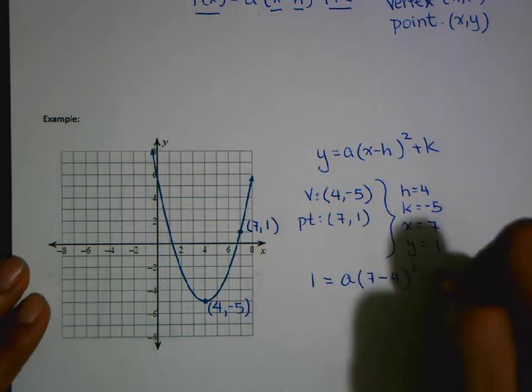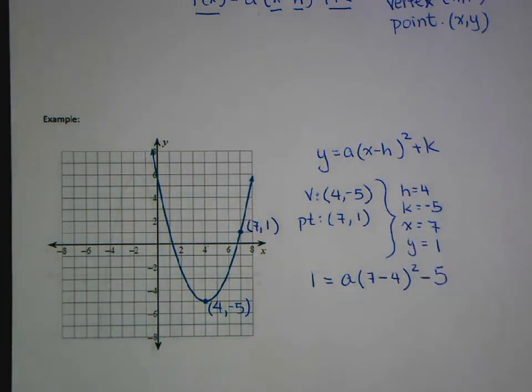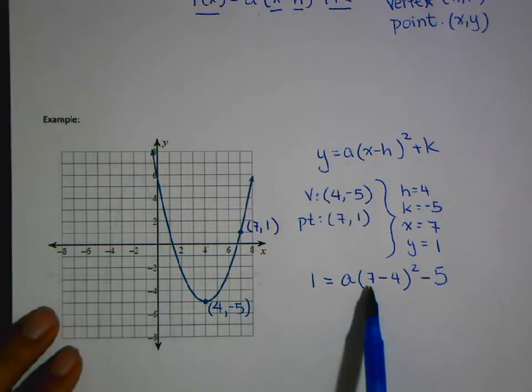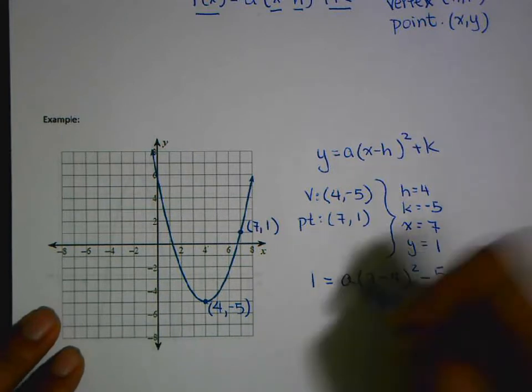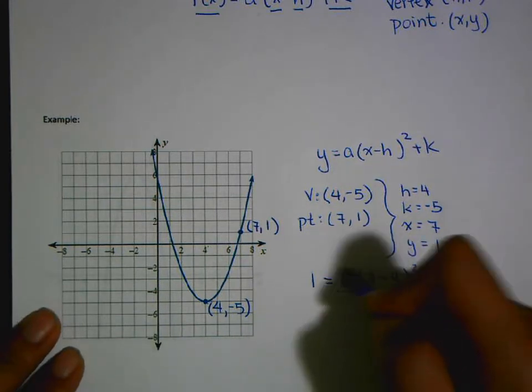So it's really minus 5. Now that I have that set up, notice that I have all the variables y, x, h, k filled in with a number. So the only thing I need to do right now is solve for a.